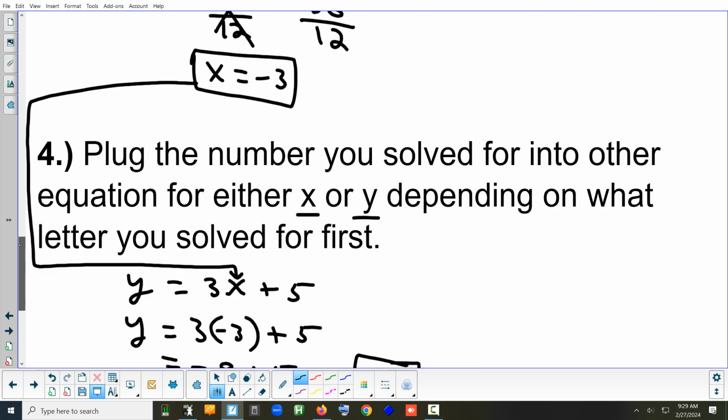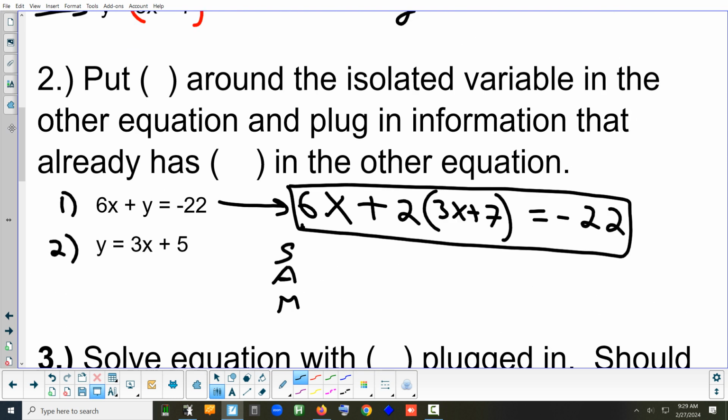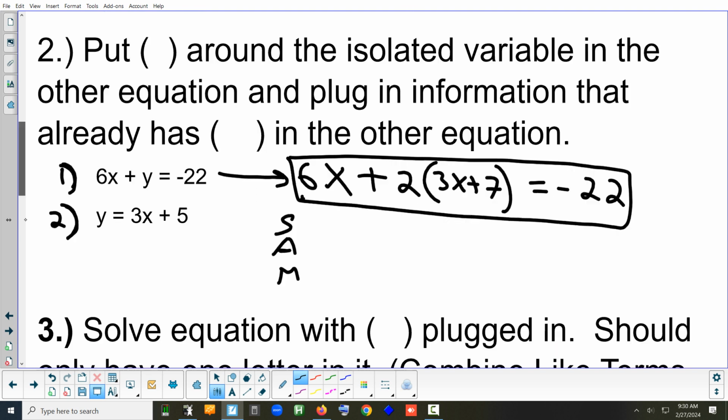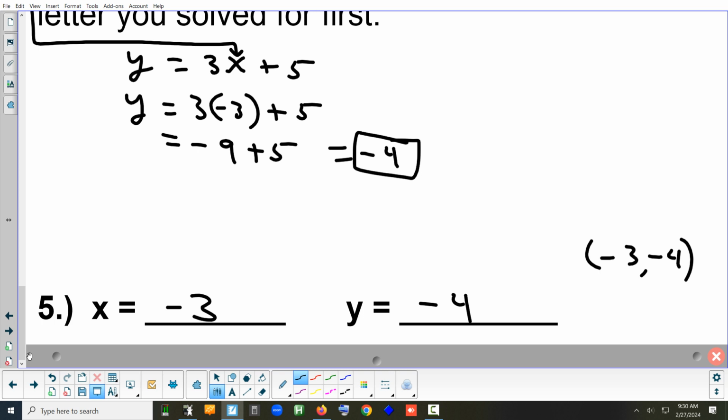If we were to put equation 1 and equation 2 in the graphing calculator and draw them, that's exactly where the two lines would cross each other: -3, -4. So we figured out where they crossed, but we didn't draw any pictures. We did it a different way. Now that's pretty much how substitution is every time.